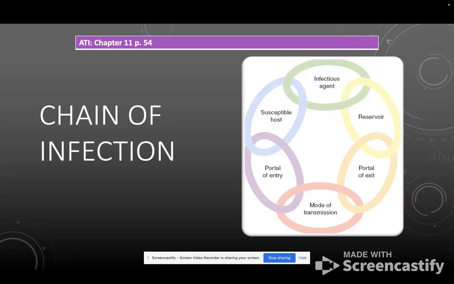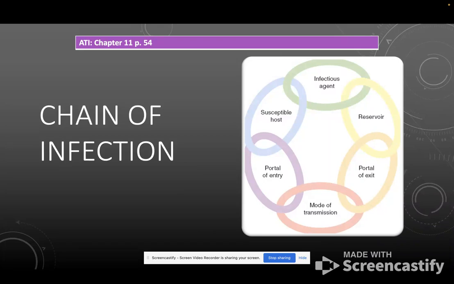That's going to be how it's transmitted from one person or one place to another. Transmission could be by touch, by sneezing, by ingesting or inhaling. There's going to be some sort of vehicle transmitting this germ.